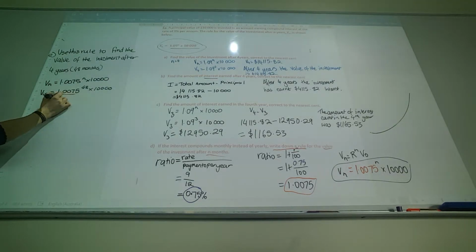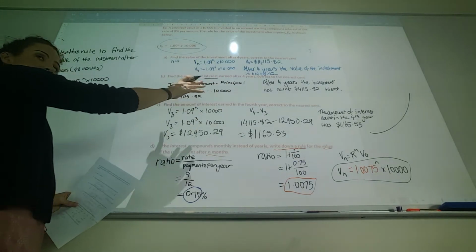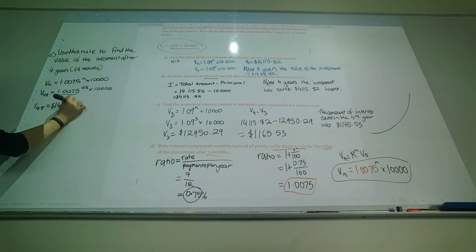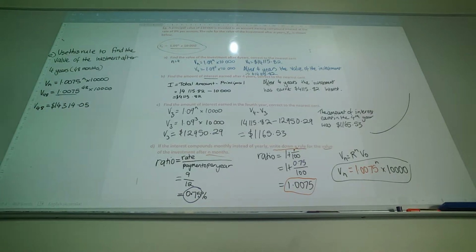Because our ratio is so small, even though this looks like the power of 48 is going to be a huge number, we're not going to get a humongous number. It will still be something similar to these numbers, but it should be more. But it shouldn't be too far different. So put that into your calculator and we get $14,314.05.